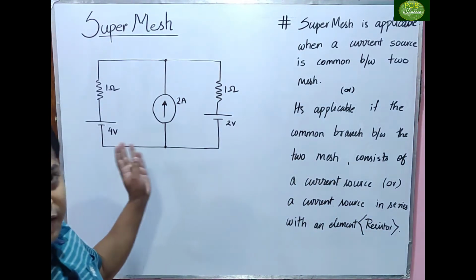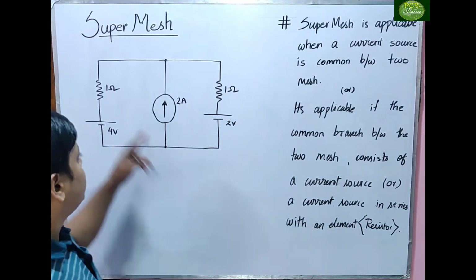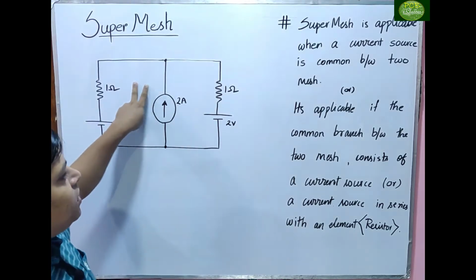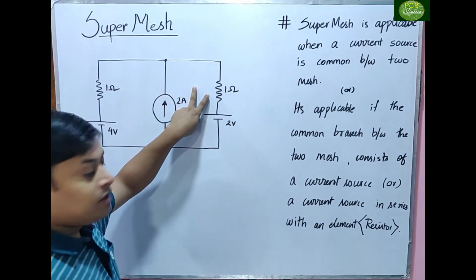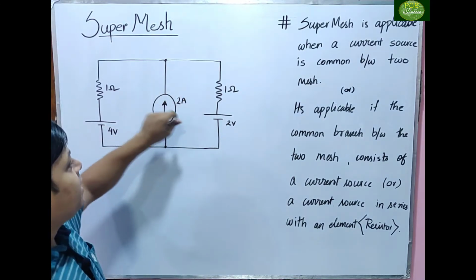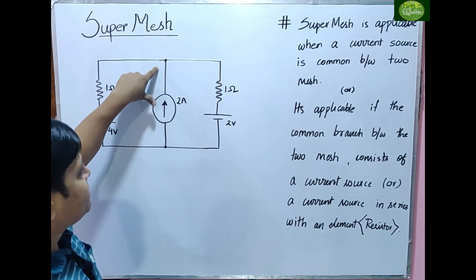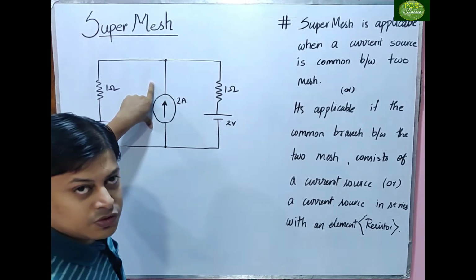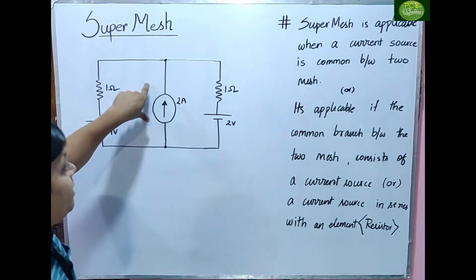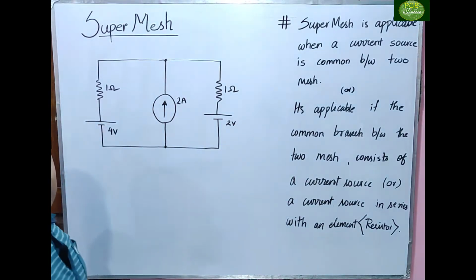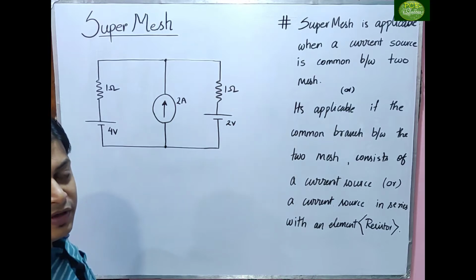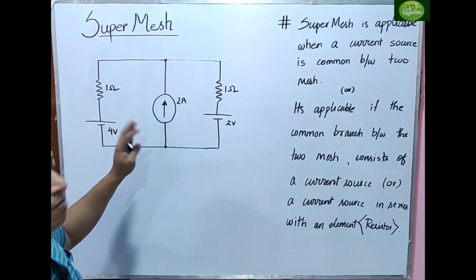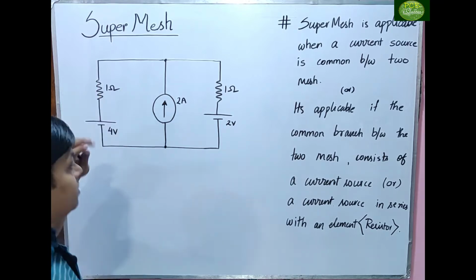You can see in the diagram, we can take the example. Here you see how many meshes are there in this circuit? Mesh 1, mesh 2. But within these two meshes, a current source is present. The branch which is common to both the meshes consists of a current source. Right? Then super mesh is applicable. We cannot apply the simple mesh analysis, rather we can apply the super mesh.